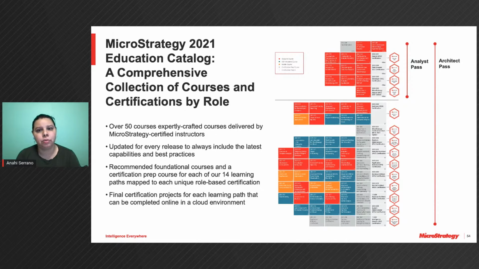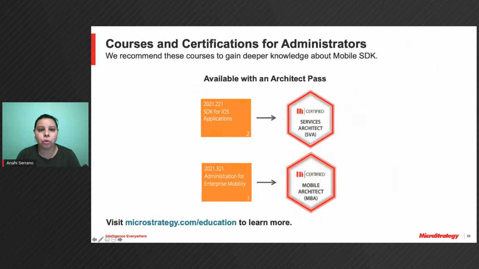Now, if you are interested in training in the areas that we've covered today, specifically all the customization that we've done and the administration topics that were also covered, this next slide shows those two specific classes. 2021.221 SDK for customizing iOS applications is going to cover a lot of the topics that were discussed about the tools that you would use for building the app.